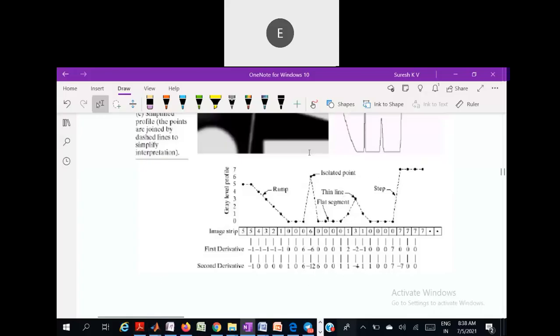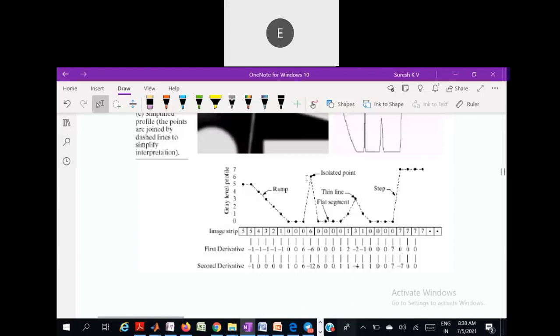So please observe what is the example image that is taken here. You have taken a ramp type of edge. So this we call a ramp edge. That means it is gradually decreasing as a slope. This is called an isolated point. That means only this pixel value has the highest gray level as compared to the neighbors. So it's an isolated point. And this is a thin line segment.